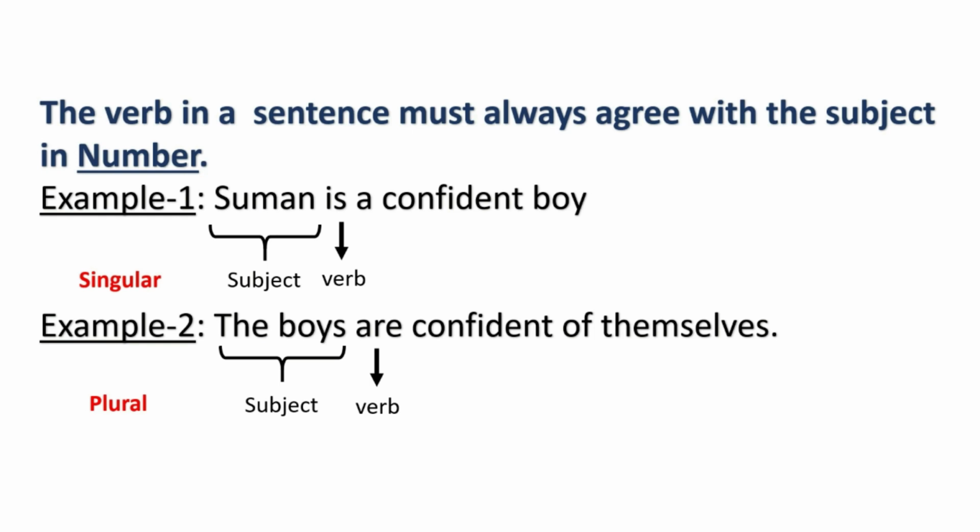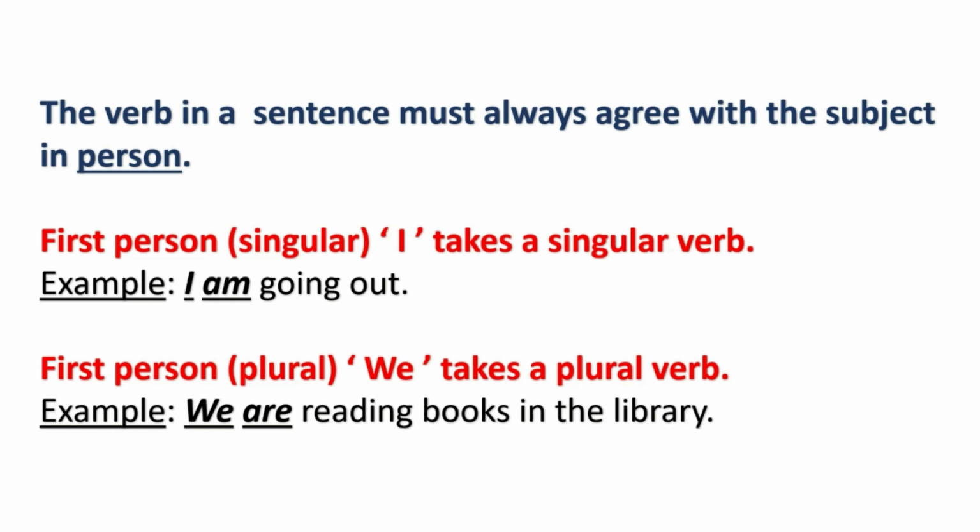So from this we can confirm that the verb changes according to the number of the subject. So singular subject, singular verb, plural subject, plural verb. Yes children, I hope you understood this point. Let us go to the next one.